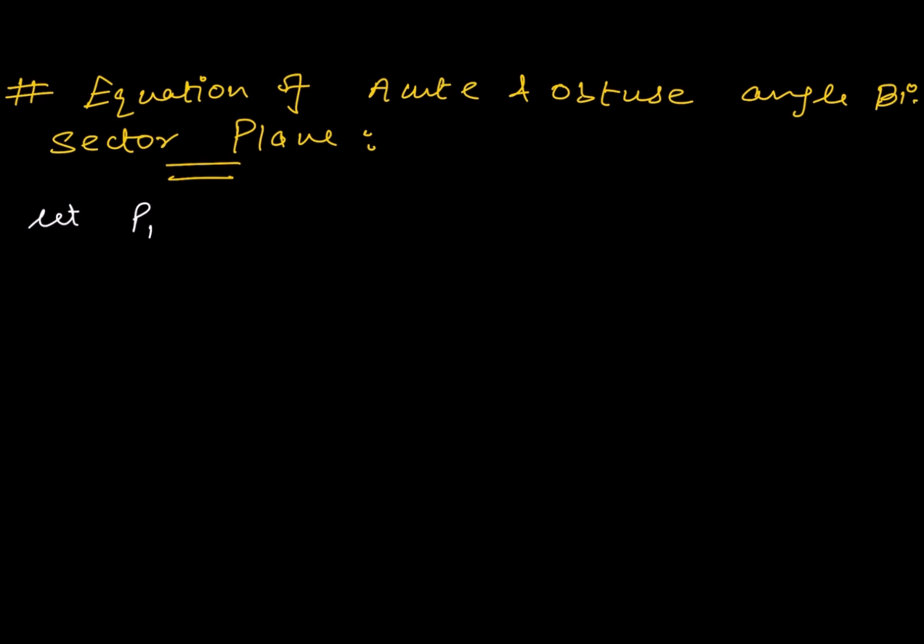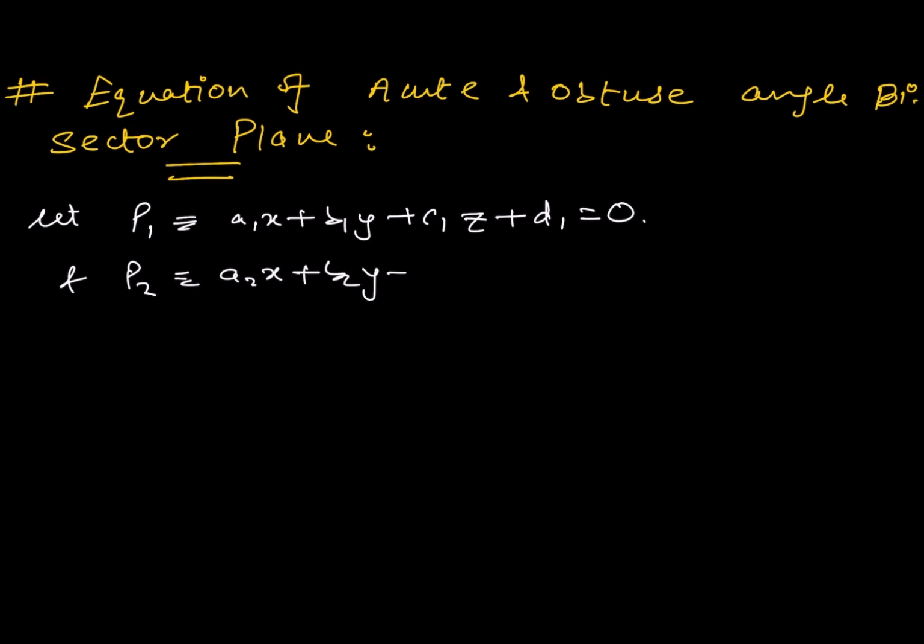There are two planes. Plane P1 is A1x plus B1y plus C1z plus D1 is equal to 0, and P2 is A2x plus B2y plus C2z plus D2 is equal to 0, right? Also here D1 and D2 are positive.